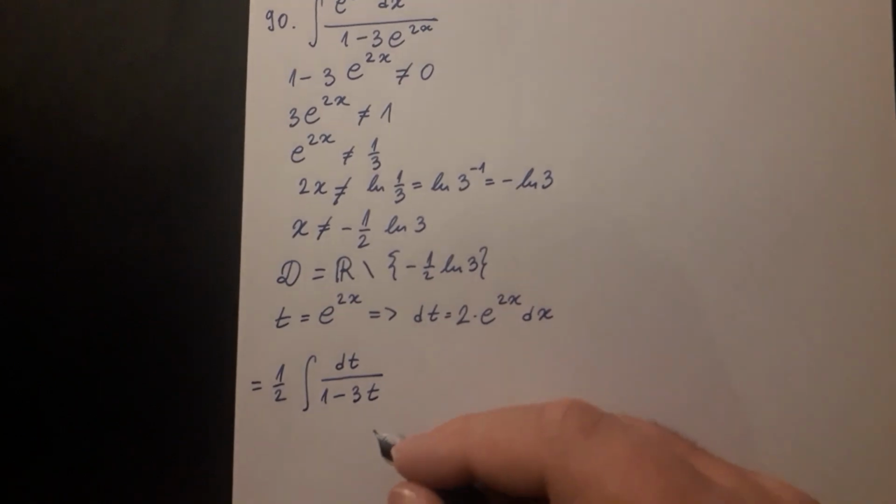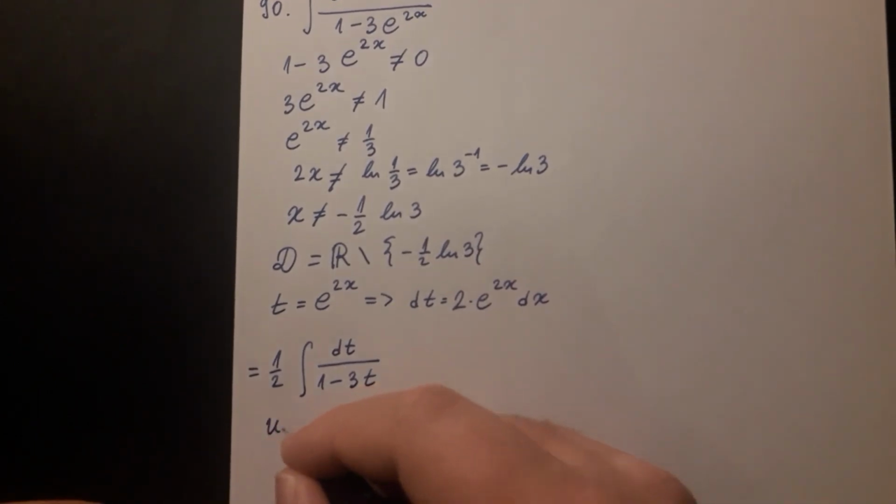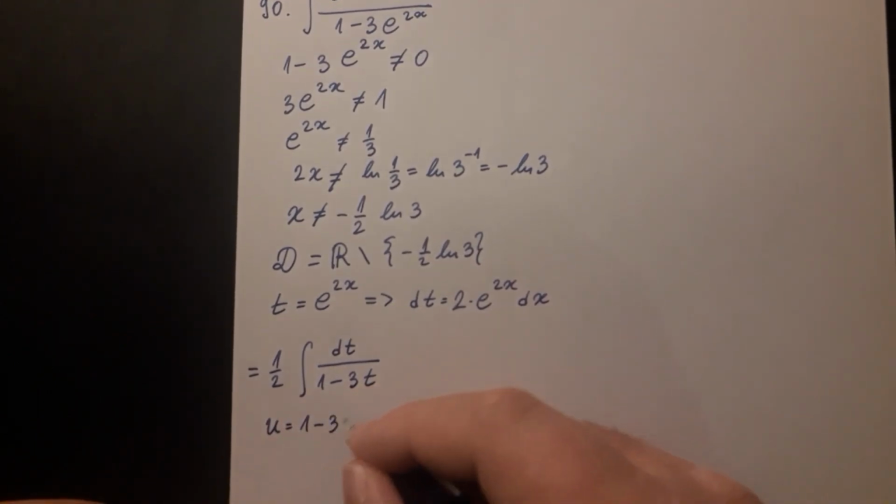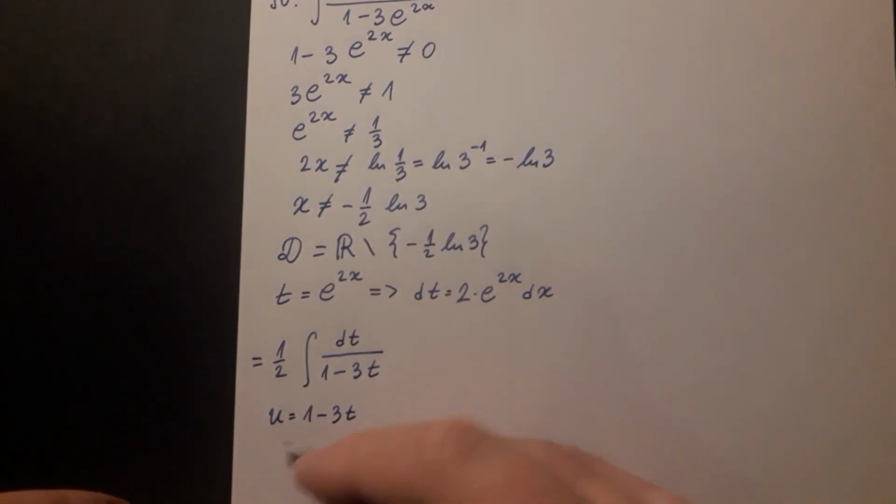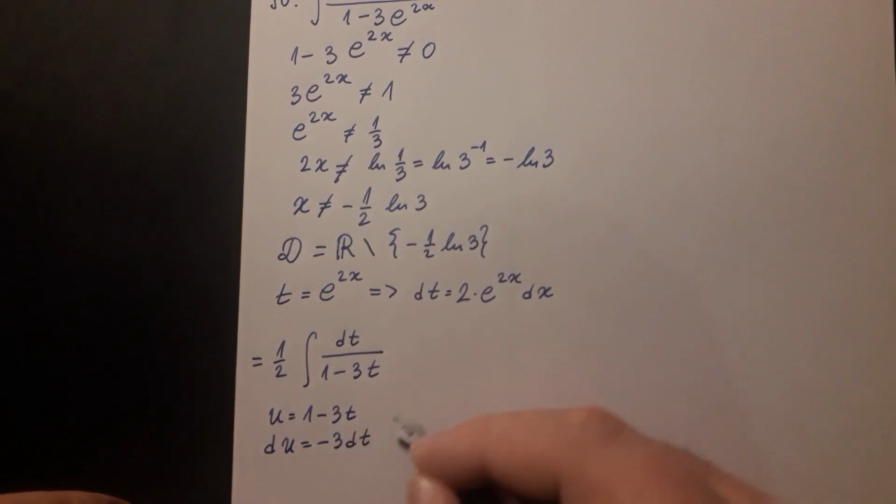We can now introduce a substitution that u is equal to 1 minus 3t, and then we get that du is equal to negative 3 dt.